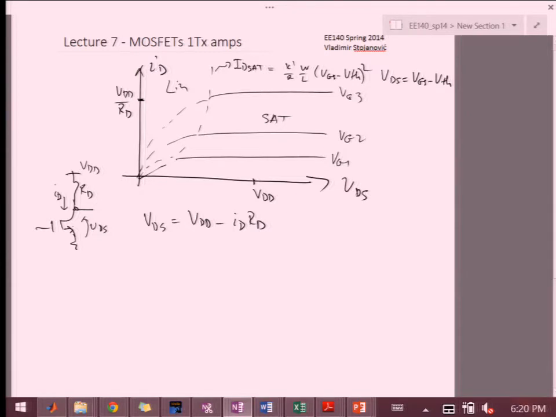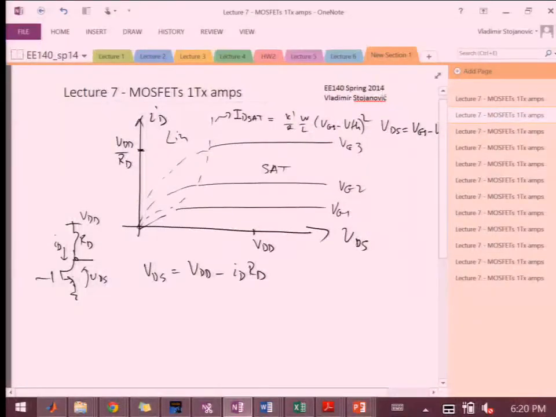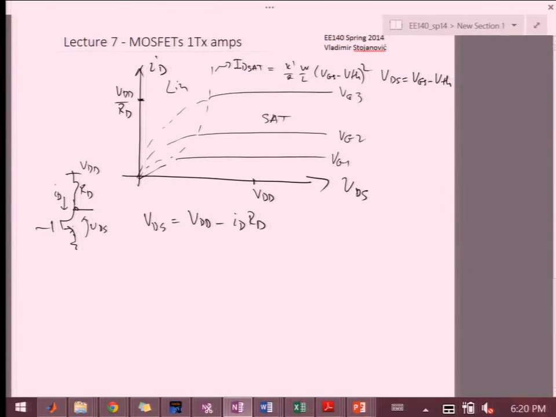If I plot that line, this is where my output is going to move. In this whole two-dimensional space of VDS versus ID, I can only run on that line, because that's set up by this RD.